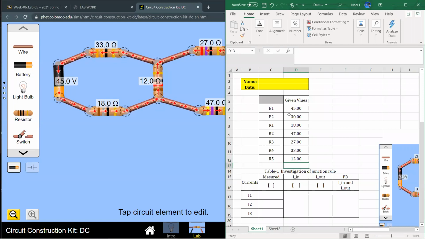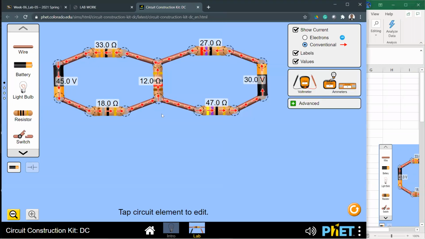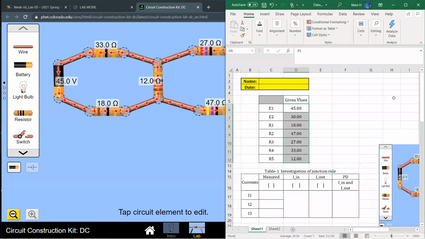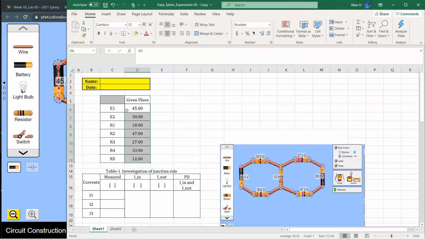And we should not record more than one decimal place because the accuracy of your simulator is up to one decimal place. If you see more decimal places in your Excel, you can always edit that. Highlight the area where you want to edit the decimal places. Then in the Home menu bar, in the middle, you see the numbers and then you see left and right arrows.